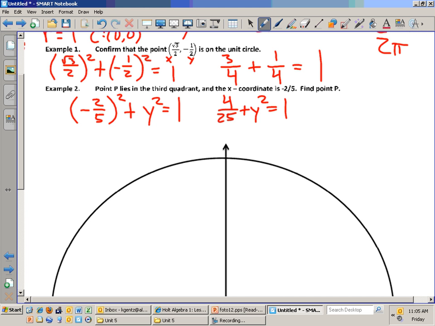Subtract 4 over 25 from both sides. Y squared equals 1, which is 25 over 25, minus 4 over 25. What'd you say, Alex? 21 over 25 is y squared.